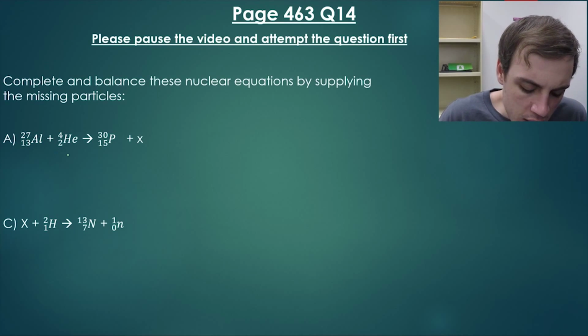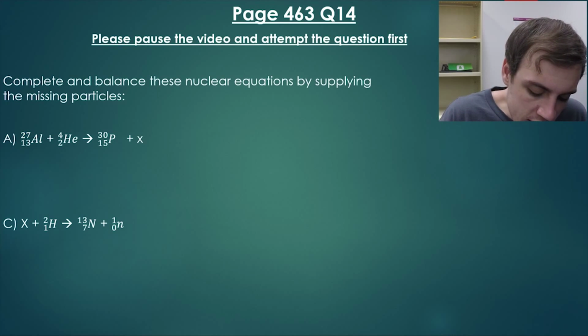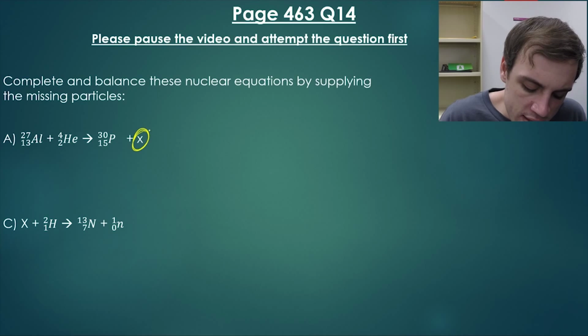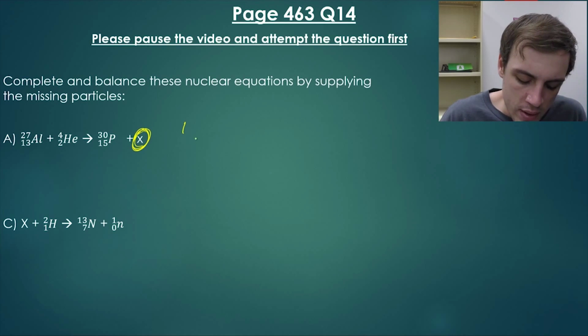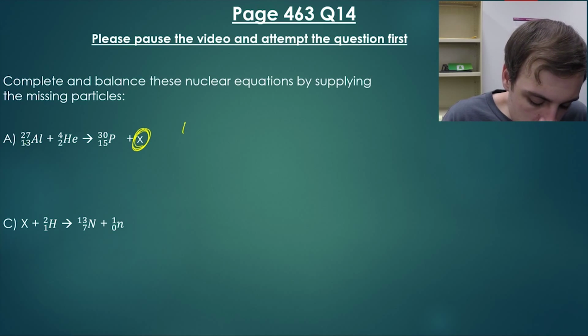So what we do here is, again, we just do some basic maths. So we go 27, 28, 29, 30, 31. But this one only has 30. That tells us that whatever this is has 1 up here, with the atomic mass. And then we go 13 plus 2 is 15.